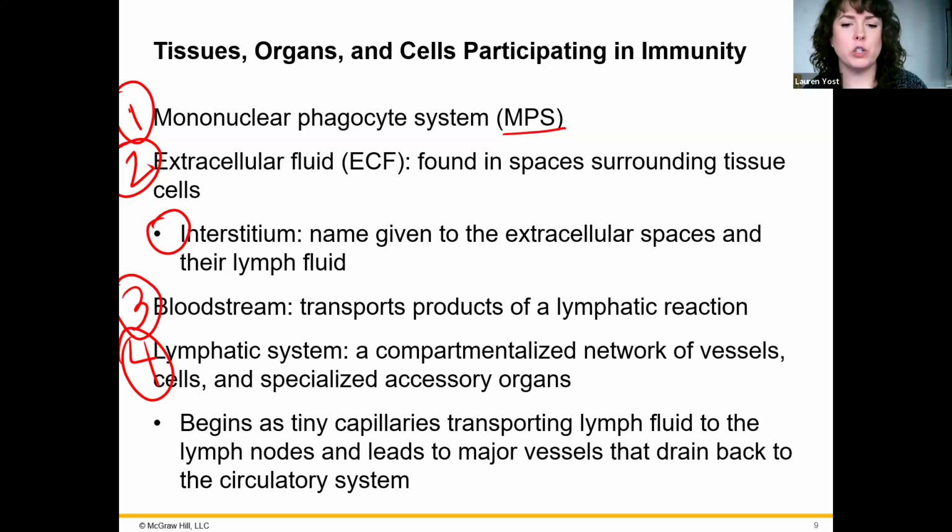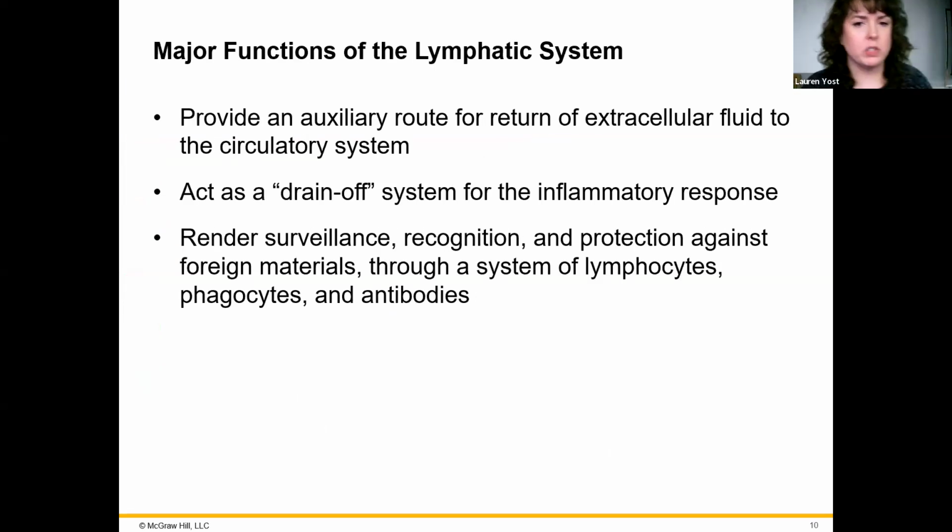They have their own specialized accessory organs that are not part of the circulatory system. We'll get into the difference between these in a moment, all right? So these are the kind of main concepts of how our immune system is going to function, the structural basis of them.